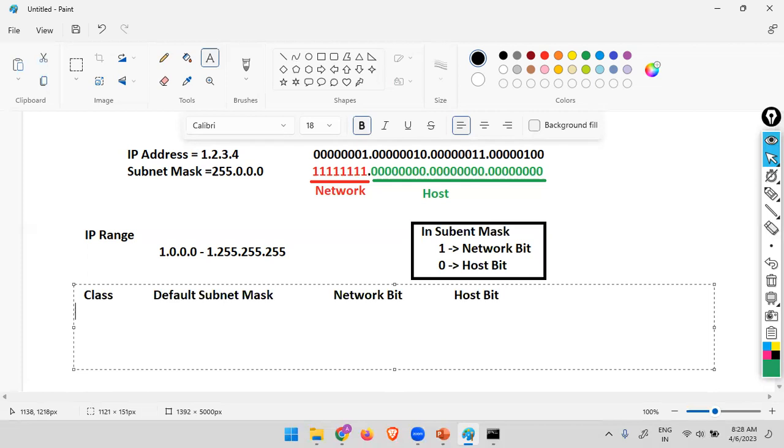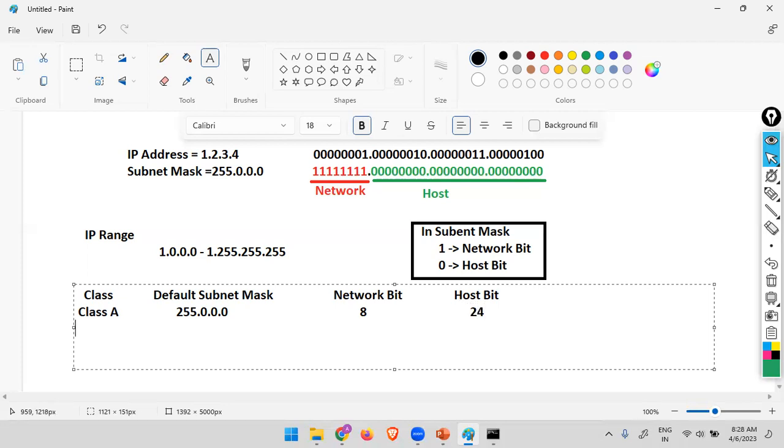If I go with class A, my default subnet mask is 255.0.0.0. Looking at this default subnet mask, how many network bits are there? I converted it into binary, right? How many bits? 8. And how many host bits? 24.